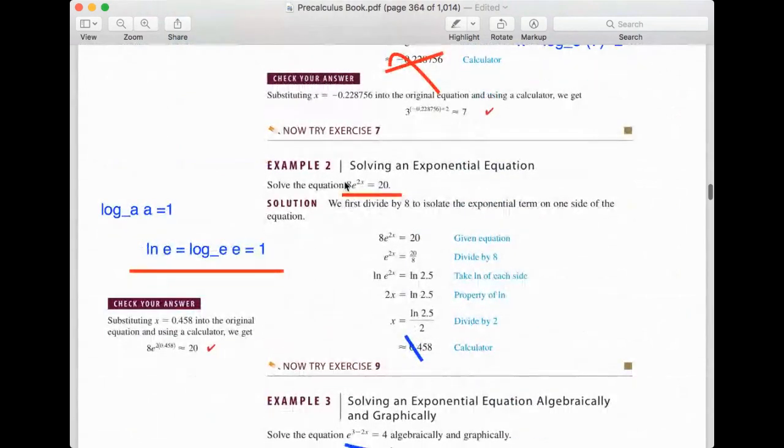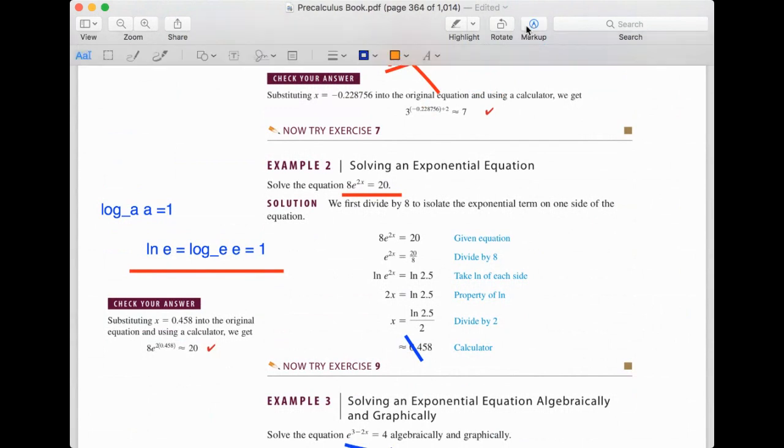Let's see this one. We isolate the exponential form first. For this one, we divide by 8. Then we have e to the 2x equals 20 divided by 8. Then we take logs on both sides.